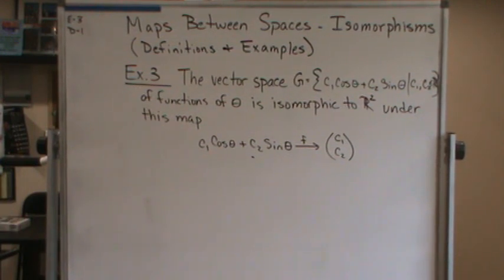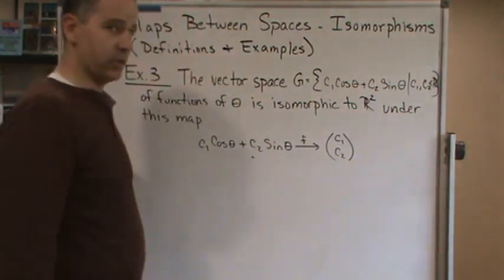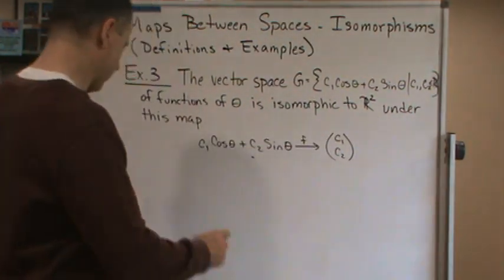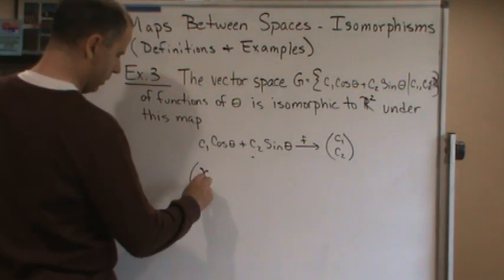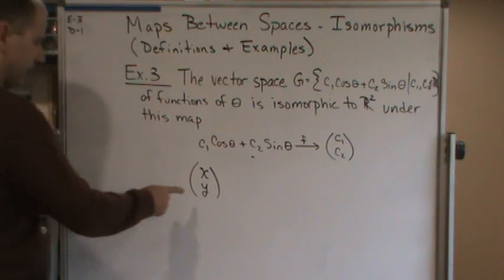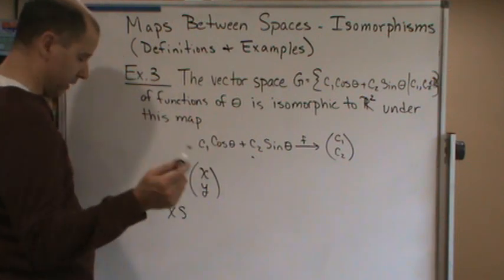Well, we're going to take any member in the codomain. The set of all R2 is the codomain. So let's start with x, y. And then we're going to note that it is the image of f of x cosine theta plus y sine theta. So this is the image of this. So that's one thing to notice.